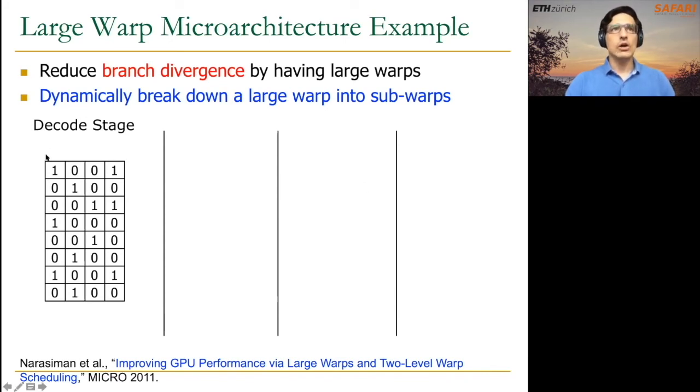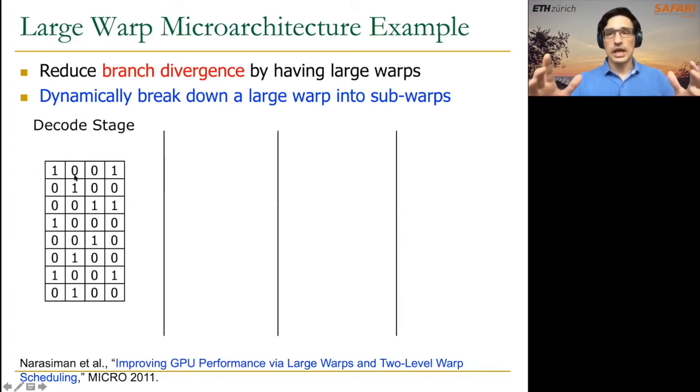So when this large warp goes to the decode stage, we may have some of the threads going through if, some other threads going through else, and we may have, in principle, divergence, right?